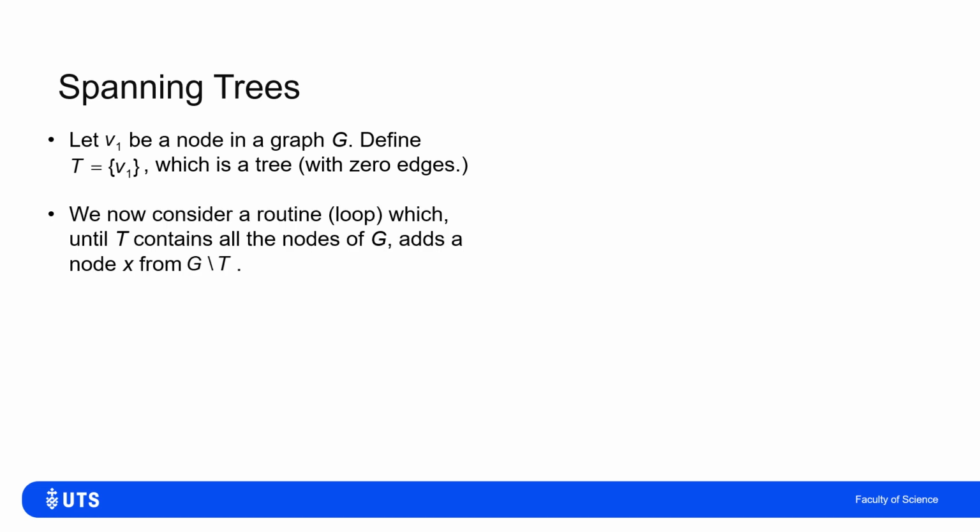Then my routine says add the nodes of G one at a time, the nodes which I haven't already added, until I have added them all.